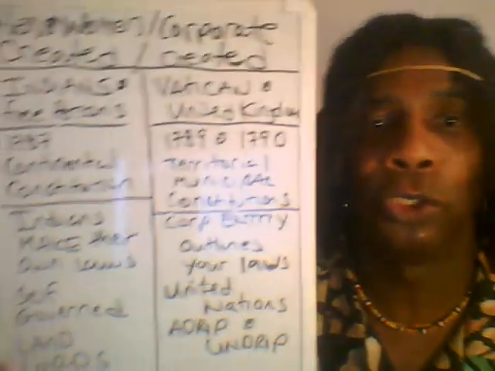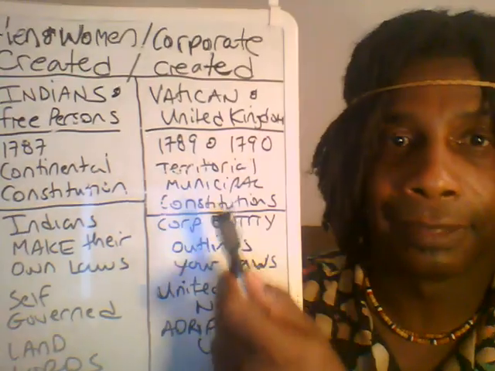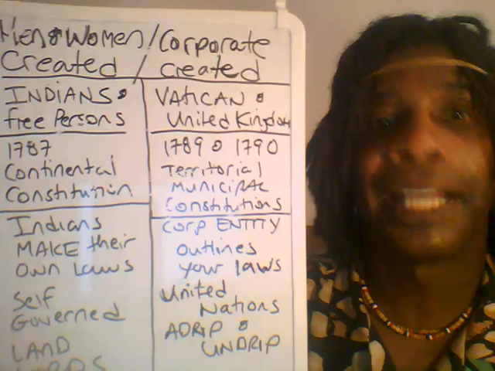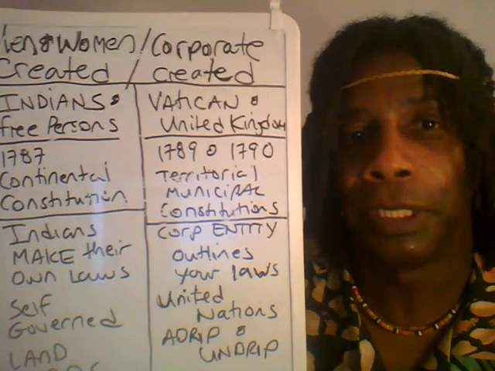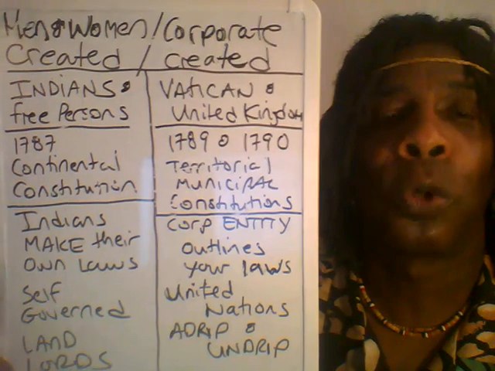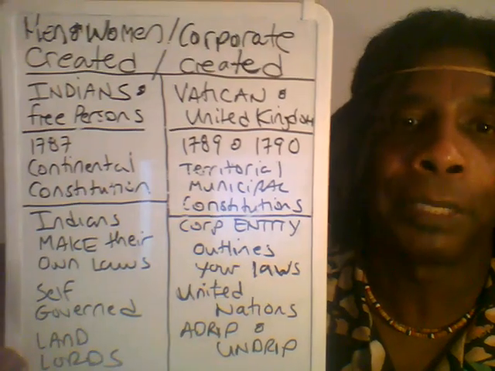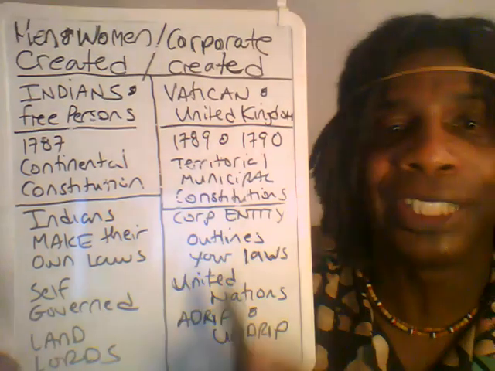First of all, you have the 14th Amendment in these two, because that's two different constitutions, a municipal and a territorial. So that's a corporate entity that likes to make everything into corporate entities so that you fall under its jurisdiction.